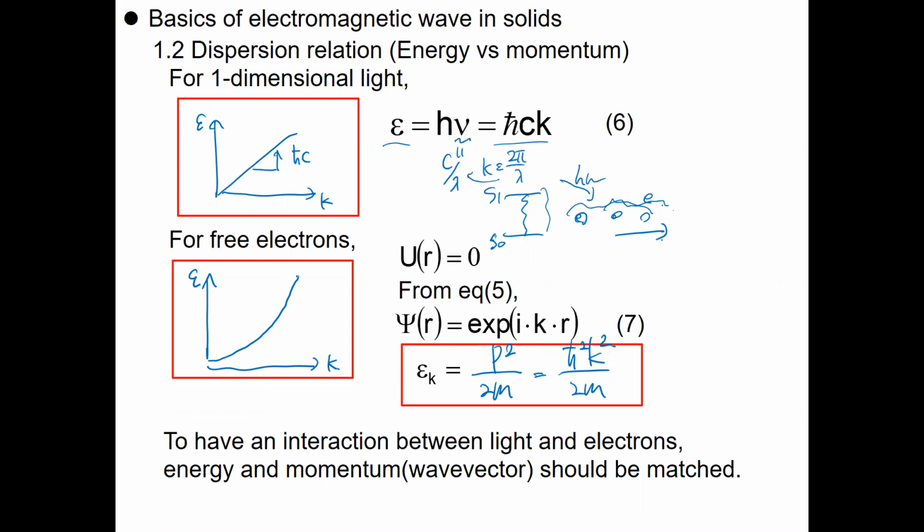As you see, for the interaction between the light and the free electrons, you need to have a match of not only the energy, but also the momentum. So to have an interaction between light and electrons, you need to have a matching of the energy and the momentum.